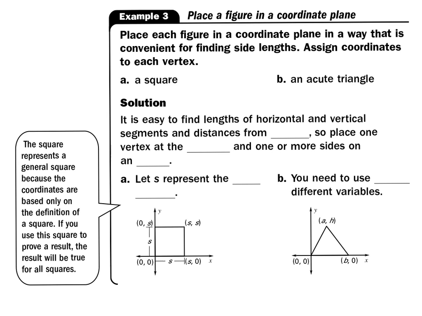The solution is it's easy to find the length of horizontal and vertical segments and distances from 0, 0, which is the origin, right? So place one vertex at the origin at 0, 0, and one or more sides on the axis.